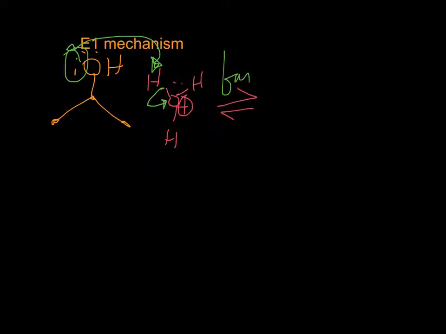Some people forgot to put that in. It's fast. It's a protonation step. It's reversible. And so now, I'm going to draw what we have. We have this protonated species, called an alkyl oxonium ion, which sounds really cool, oxonium. But remember the IUM part just means it's positively charged.